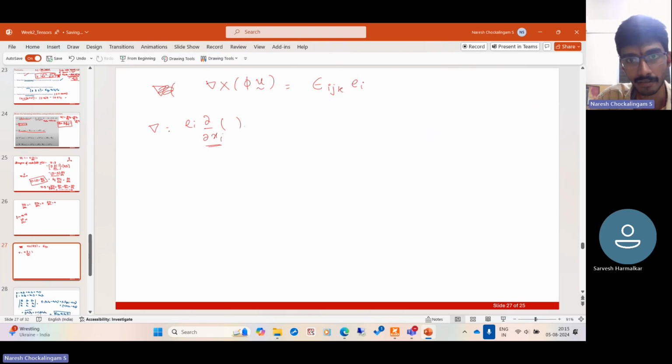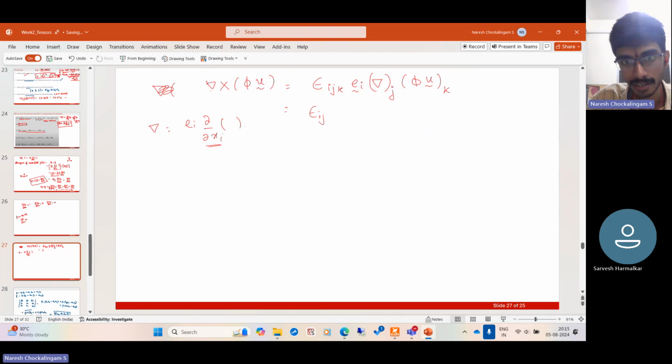So let me write. It is this plus grad operator's jth component and phi u's kth component, right? This you can agree. So this is a cross product of two vector-like objects. So you put the Levi-Civita symbol. The first vector-like object is the grad's jth component, and phi u's kth component.